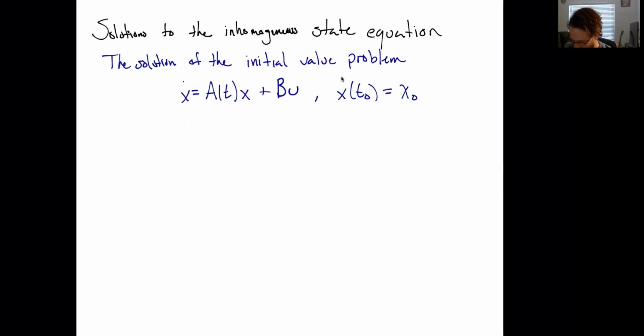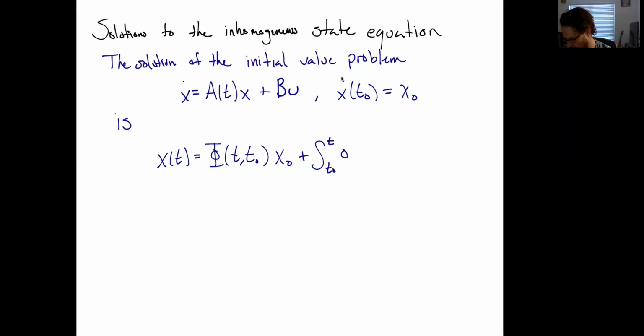What we do first, following what we learned in differential equations, is we assume a solution. So let's assume the solution of this form: x of t is equal to the state transition matrix times x naught, plus the integral from t naught to t of the state transition matrix phi of t, tau times b of tau, u of tau, d tau.